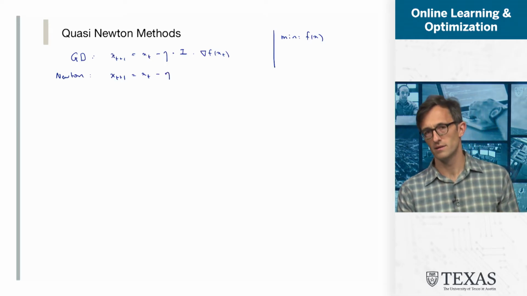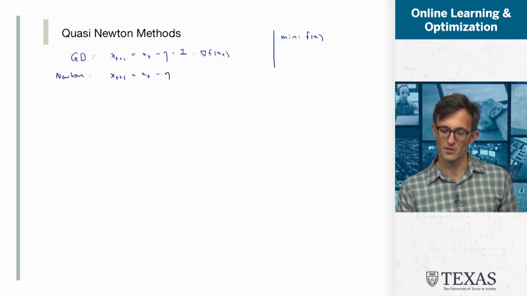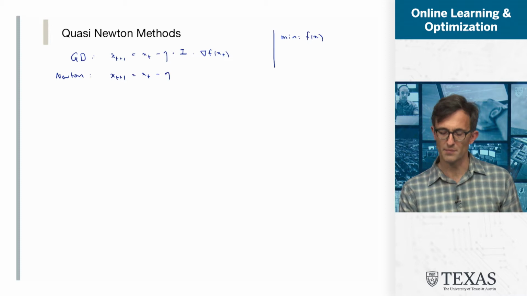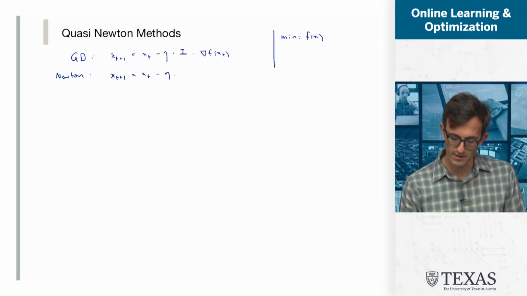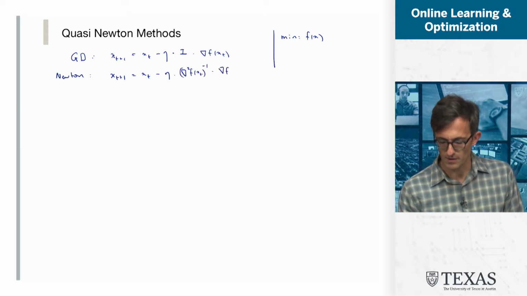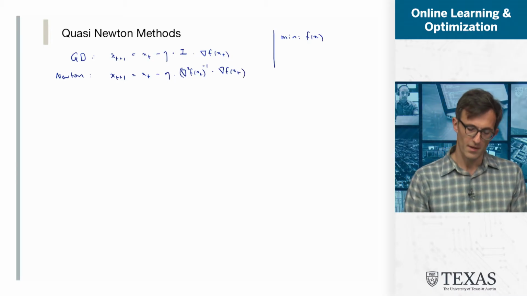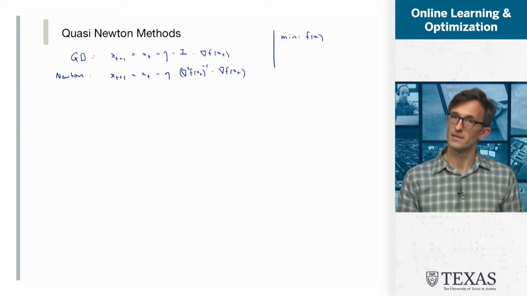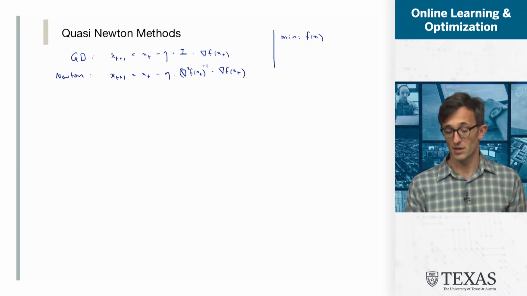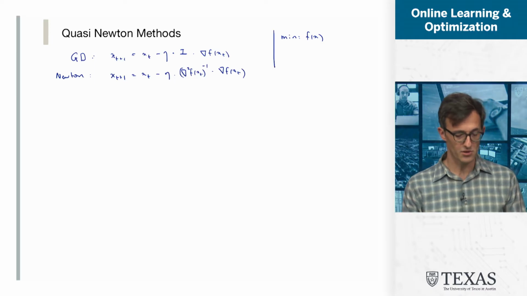Again, if you look back to our lectures on Newton's method, you'll see that I'm simplifying a number of details, how we choose eta, etc. But the key point here is that instead of the identity matrix, Newton's method differs just by putting in the inverse Hessian instead of the identity, and then again it's times the gradient. And Newton's method has much faster convergence than gradient descent, but the cost of computing this inverse Hessian is considerable.